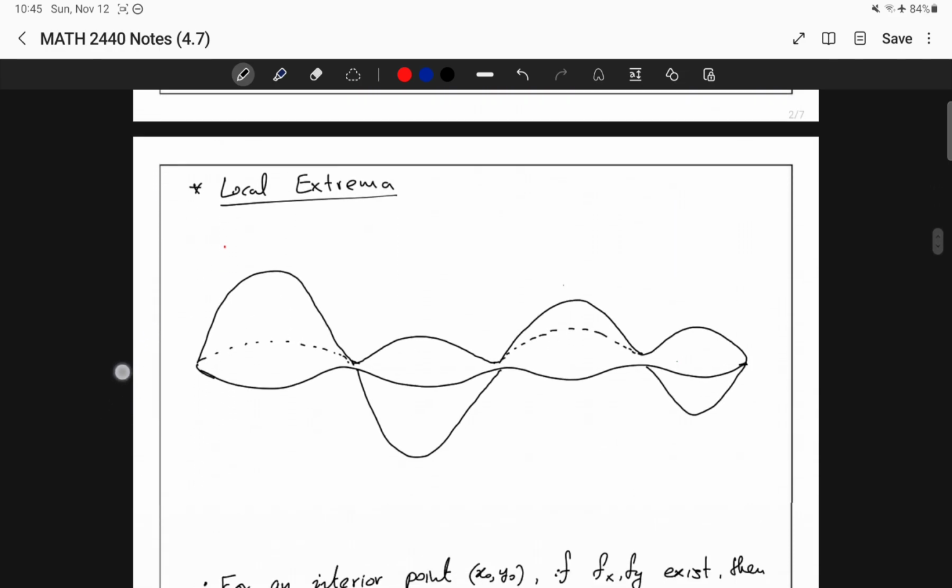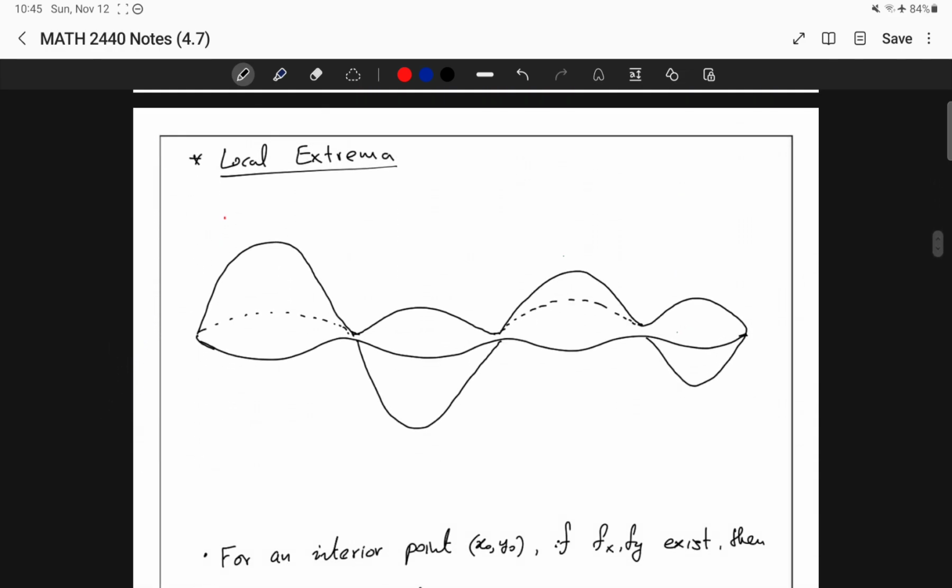Right. Now, the reason to find critical points is to identify a maximum, minimum, or extreme points, or local extreme points. Now, think about this function. So this is a surface representing a function with two variables.